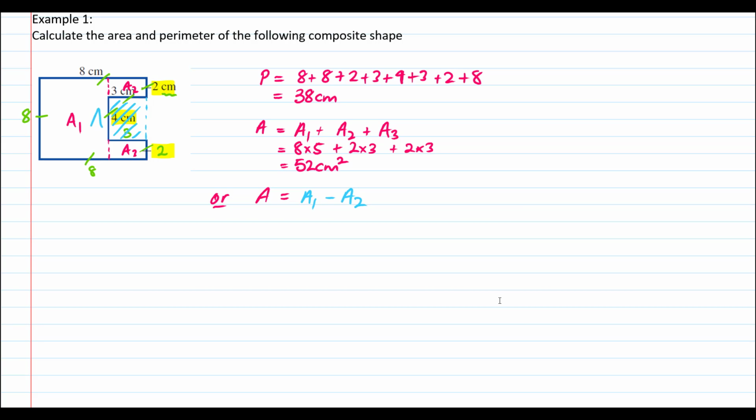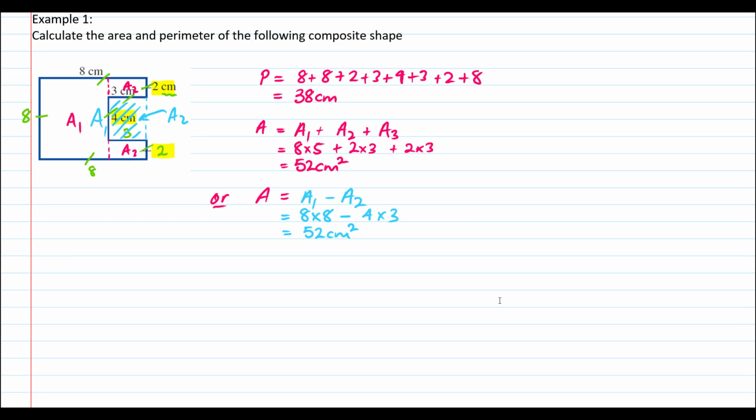And area 1 is the big shape, and area 2 is this little bit in here. So that means that area 1 is 8 times 8 minus area 2, which is 4 times 3, and that of course is equal to 52 centimetres squared, as we expected from the last question that we just did.